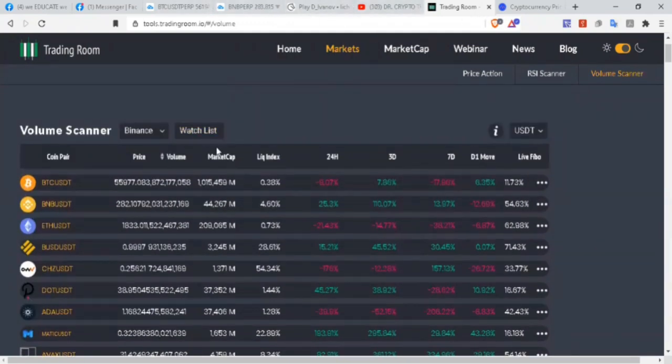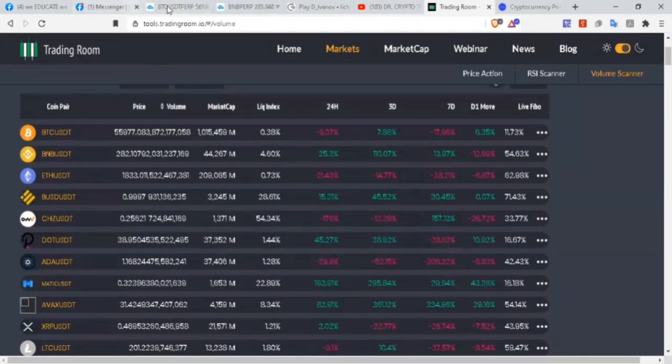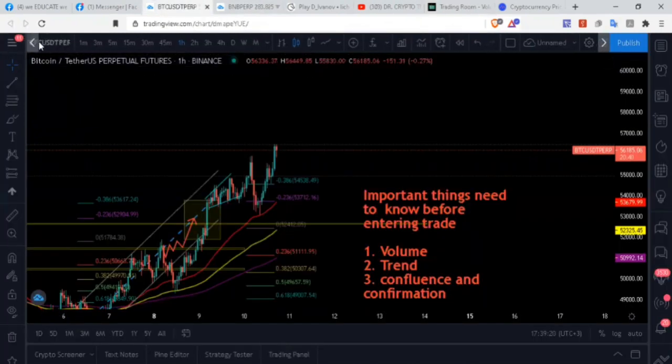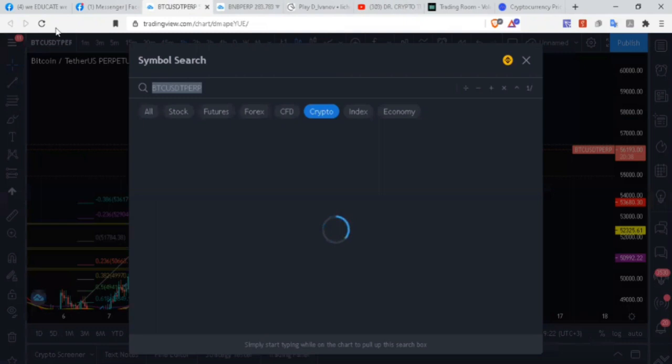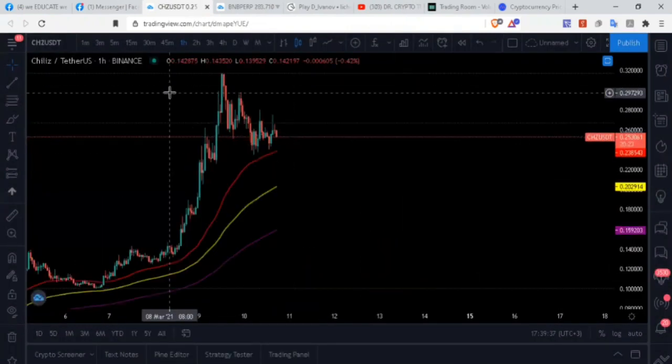Okay, let's check. We'll try to check the CHZ. Let's type CHZ. Could be with the BTC or the USDT pair, but we'll try to check this one.